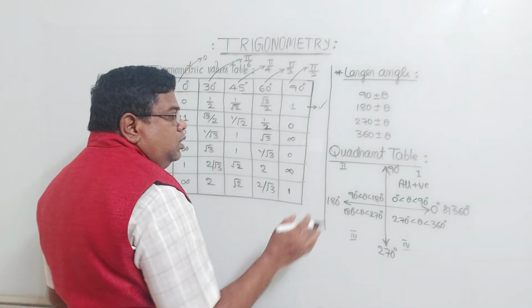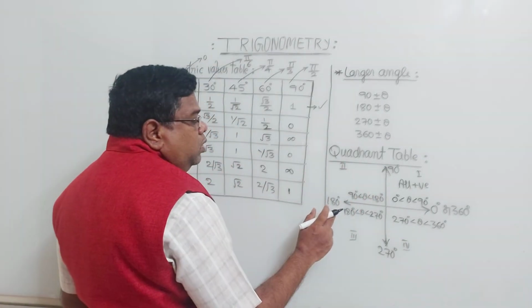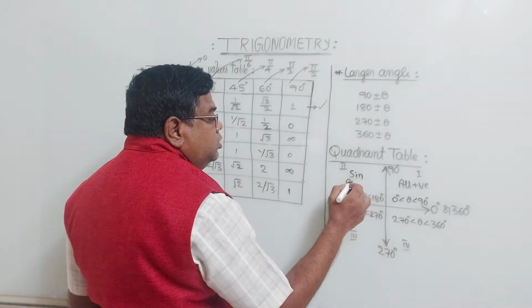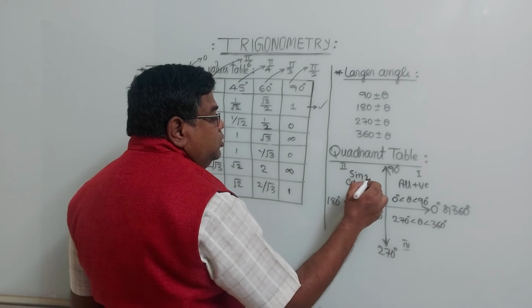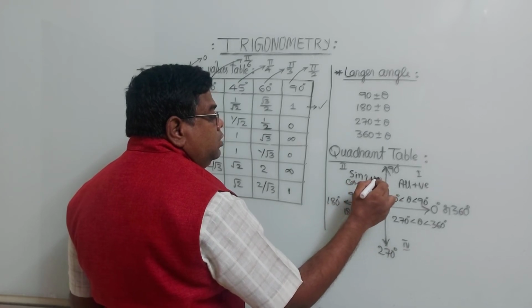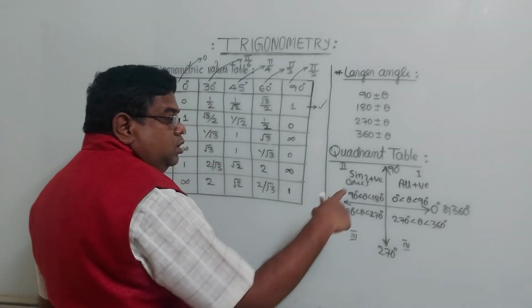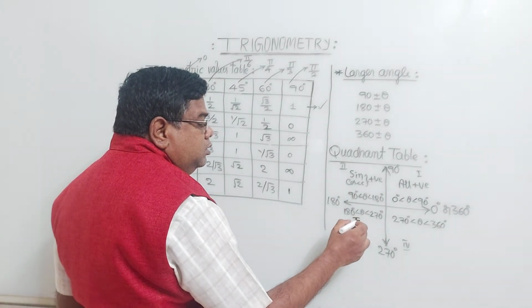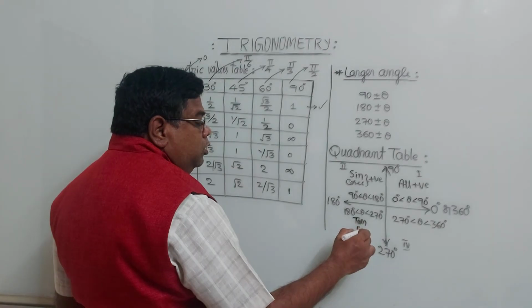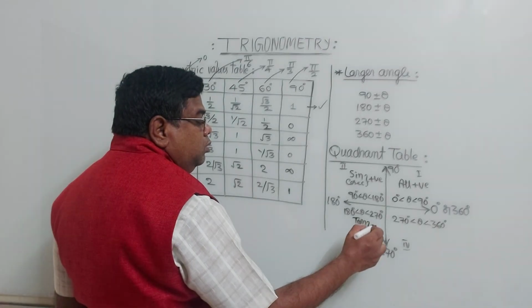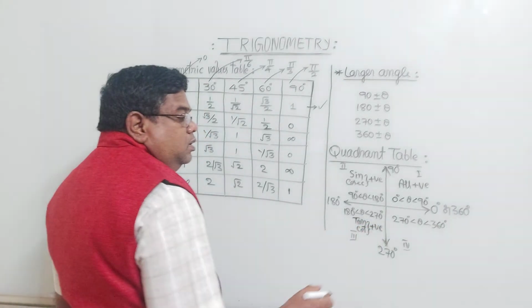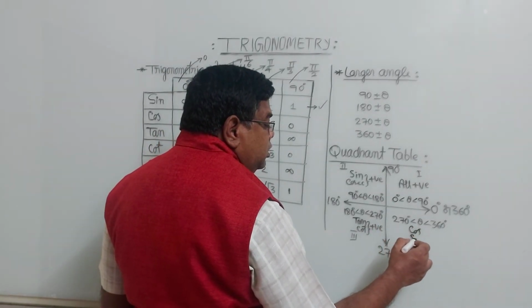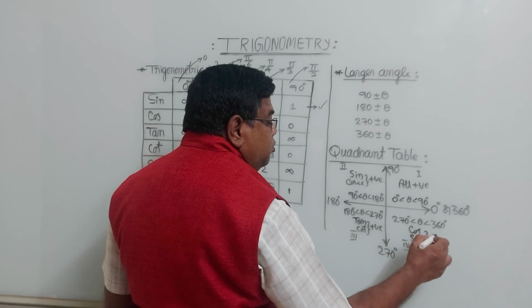But in the second quadrant, only sine and its inverse cosecant are positive, the remaining 4 are negative. In the third quadrant, tan and its inverse cot are positive, the remaining 4 are negative. In the fourth quadrant, cos and its inverse secant are positive, the remaining 4 are negative.